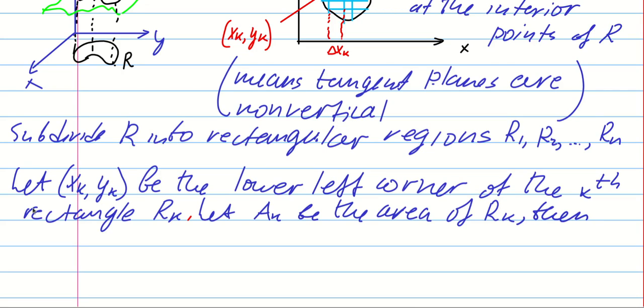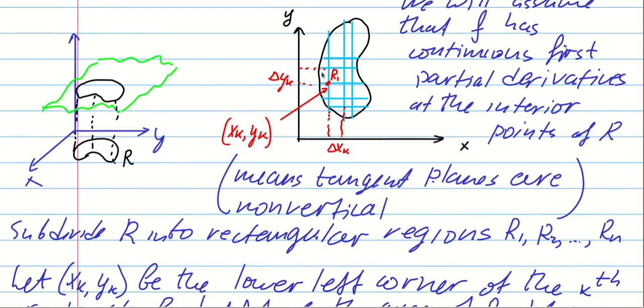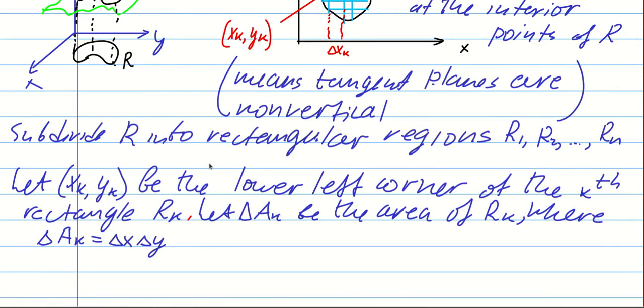Then delta A sub k is equal to delta x times delta y, because if we take this distance delta x over here and this distance delta y over here and multiply them, we get this little rectangle. All right.